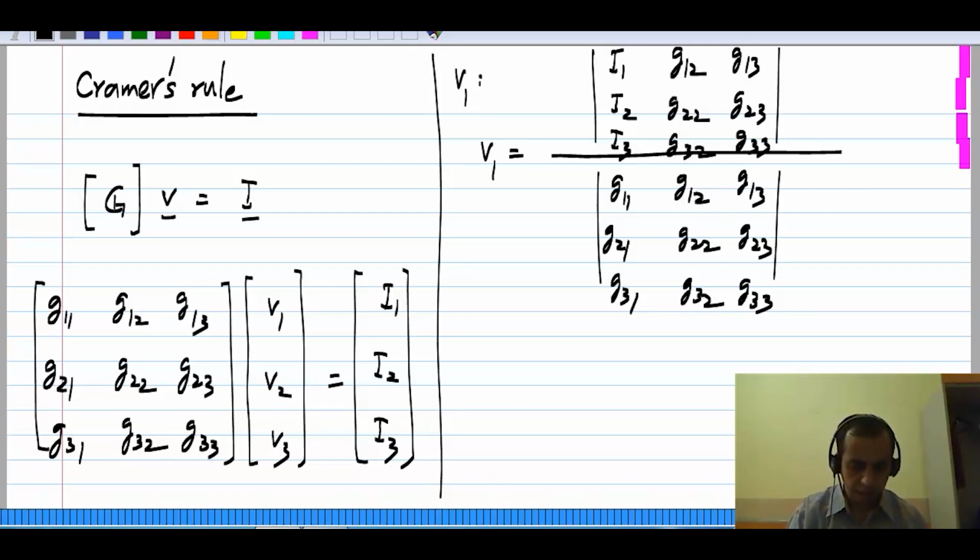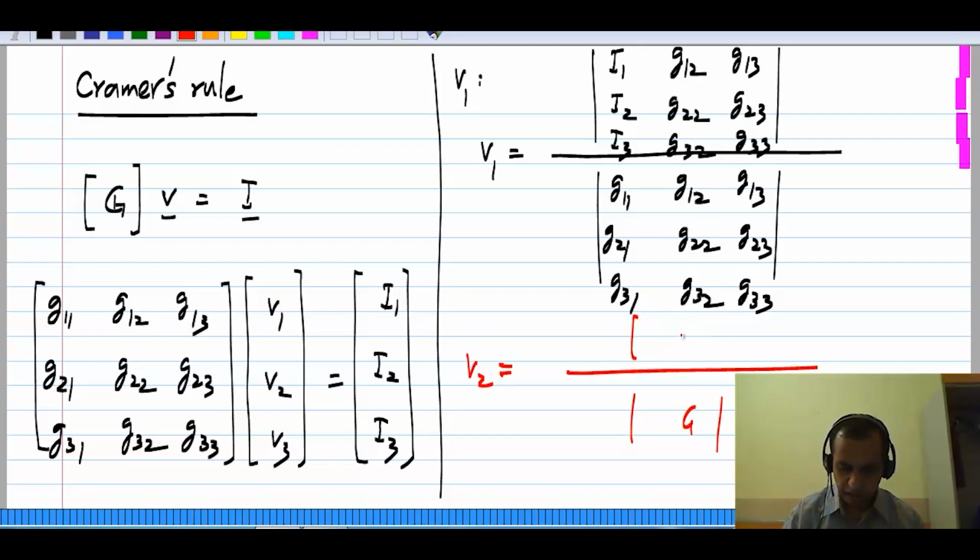Similarly, if you wanted V2, we would have G here, and in this the second column would be I1, I2, I3. So similarly for V3, you would take this right hand side vector, put it in the third column, take the ratio of that determinant to the determinant of the G matrix.